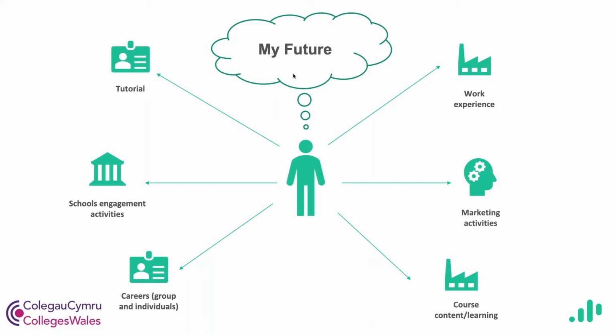I think one of the most significant ways in which we can use this data for careers insight is through marketing activities and marketing strategy, and we're going to touch on that quite a lot through today's presentation. So things like websites, prospectuses, social media activity. We see great examples now of people linking courses to careers and schools engagement activities.